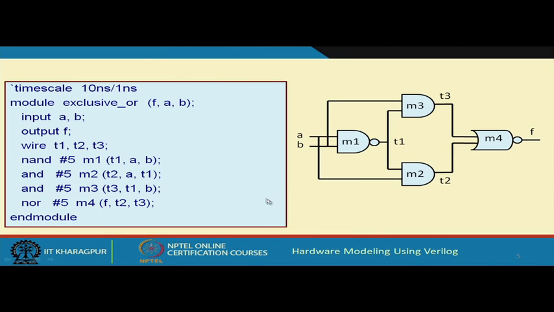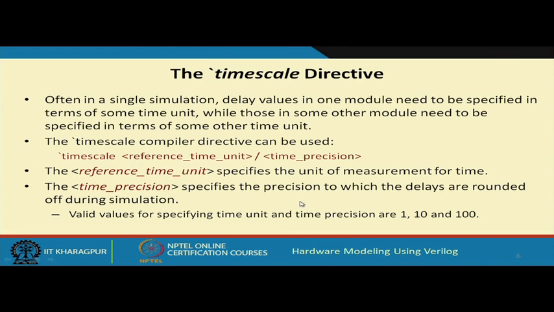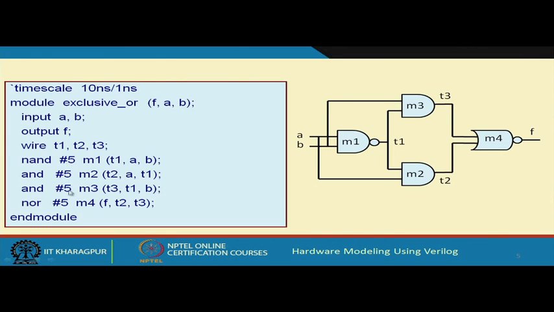Now, the first line, timescale, actually tells you what these numbers 5 mean. Roughly speaking, the first number here, 10 nanosecond, gives you the basic unit of time. So, when I write 5, it will actually mean 50 nanoseconds, and 1 nanosecond will be the precision of simulation.